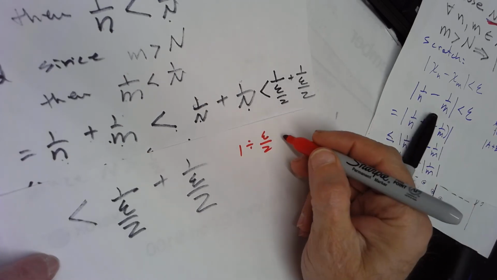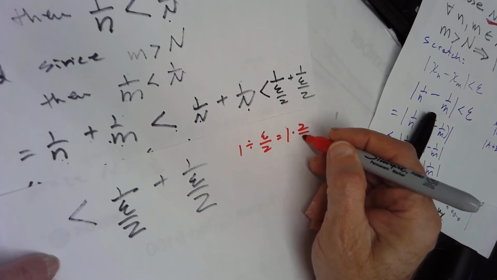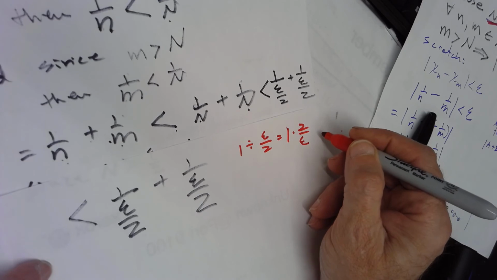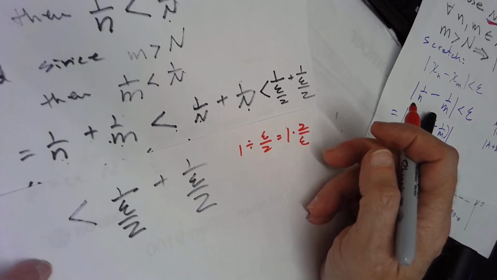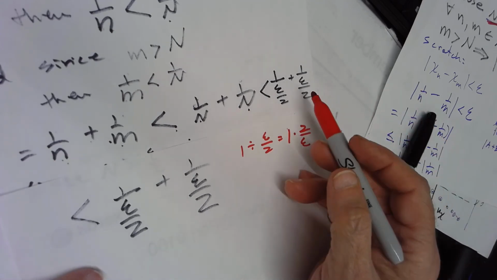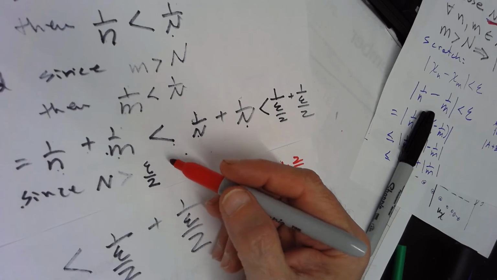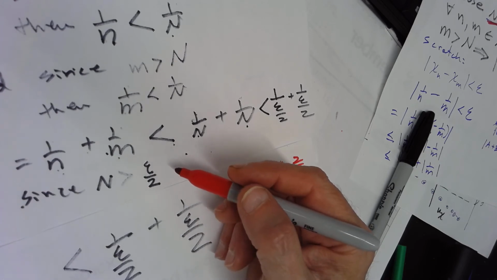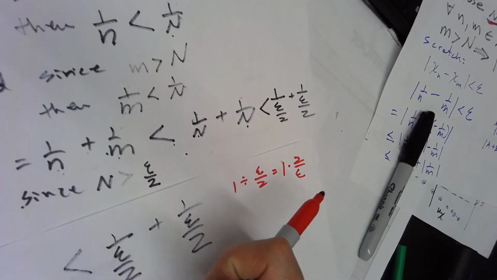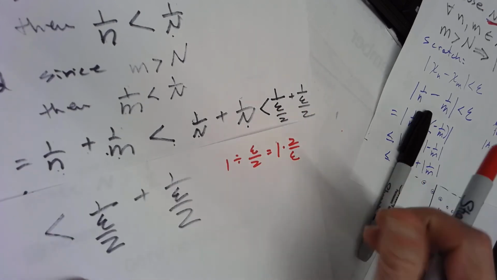We multiply the reciprocal, right? So that's 1 times 2 over epsilon. Oh, so this should actually be, because N is 2 over epsilon. N is 2 over epsilon. Okay, so back up. Back up.